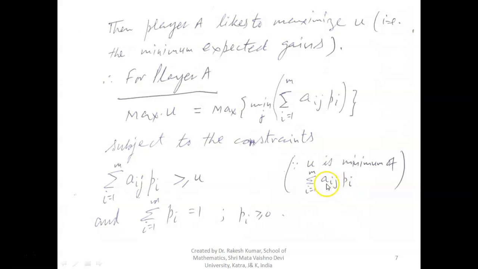Since this U is the minimum of this summation over i, aij pi, therefore the summation over i from 1 to m aij pi will be greater than or equal to U. And the sum of probabilities is 1 and pi greater than or equal to 0. So this is the corresponding linear programming problem for player A.